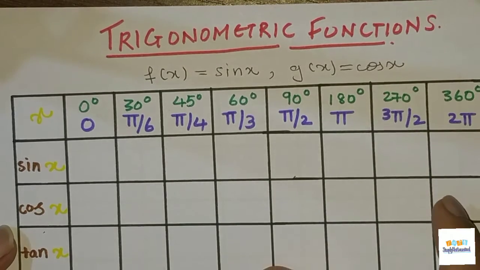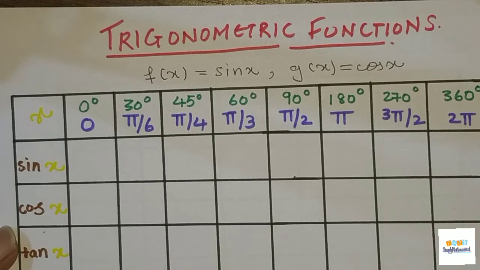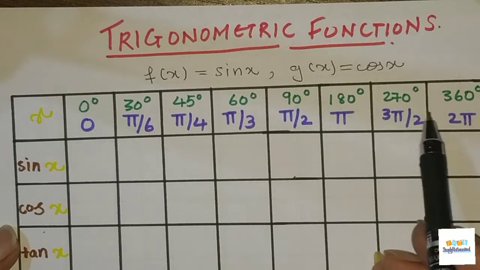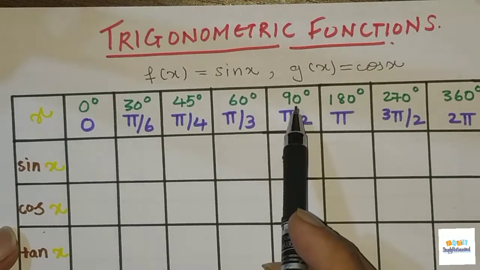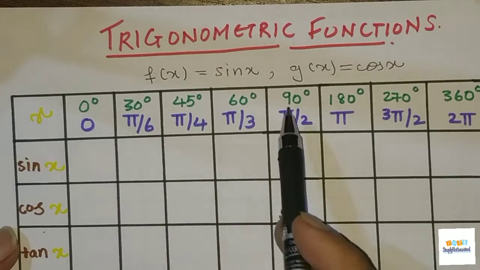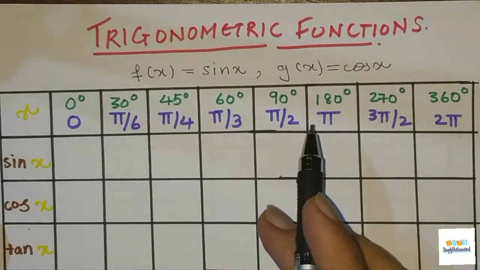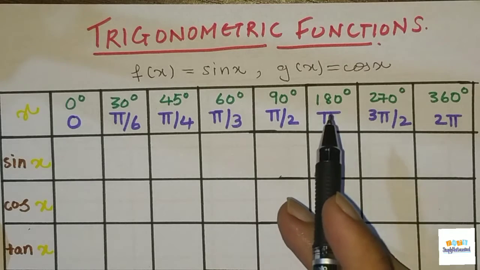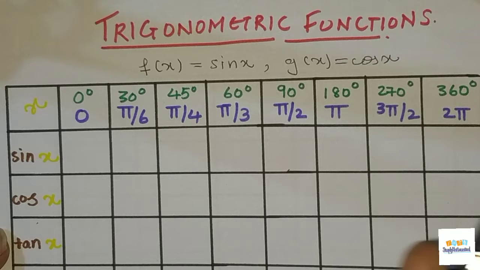Now you have studied the trigonometric table, wherein you have the values of sine, cos, tan, cosec, sec, cot for different measures of angles like 0, 30, 45, 60, 90. You may have studied only from 0 to 90, but here we will also look at the values from 180 to 360. The table is the same as what you studied in the 10th standard.